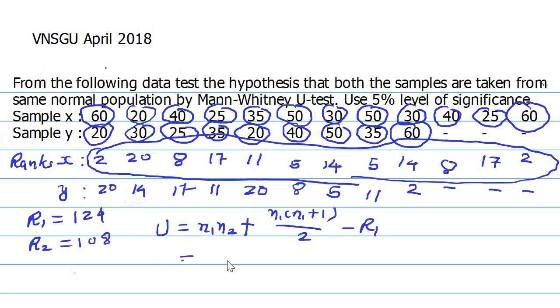So this will be equal to N1 into N2. See, size of the first sample was 12, size of the second sample is 9, plus N1 is 12, so this will be 12 into 12 plus 1 divided by 2 and minus R1.